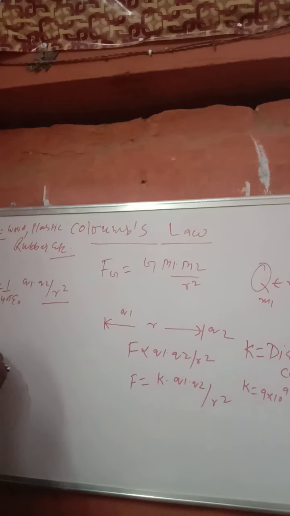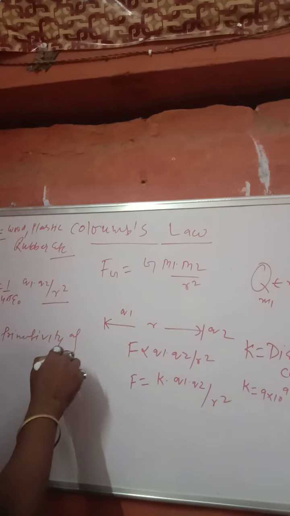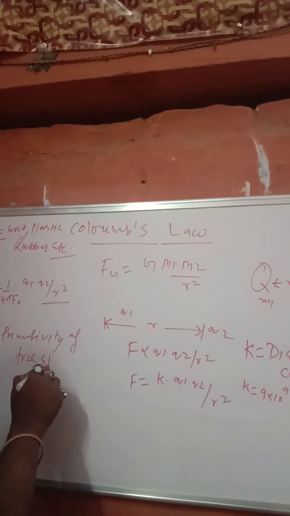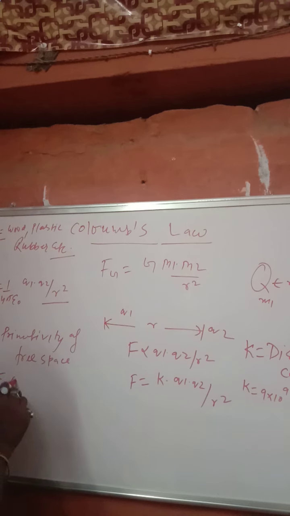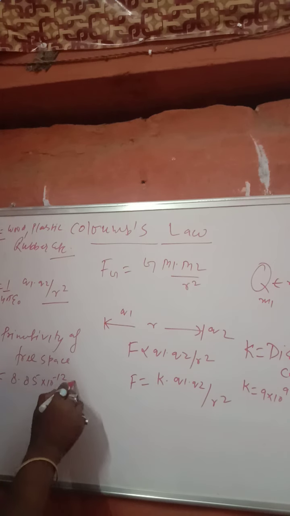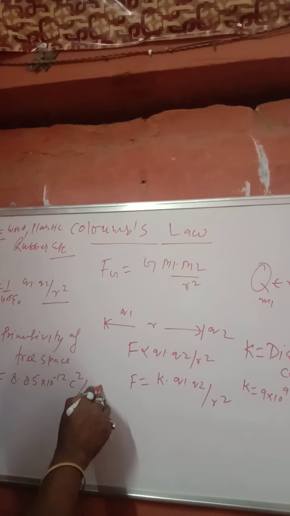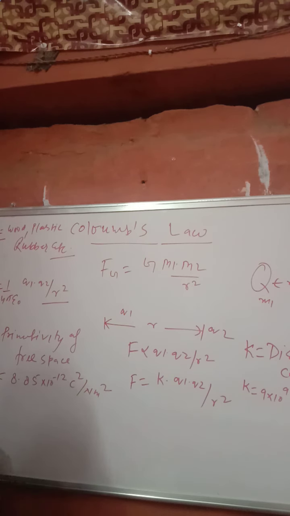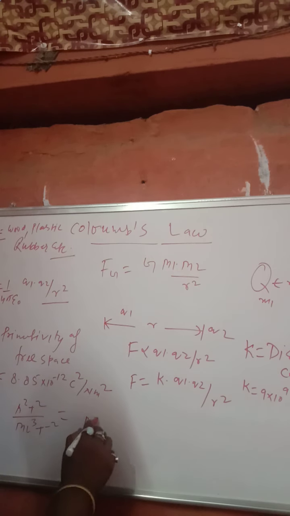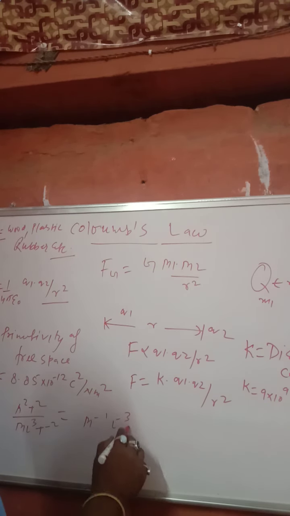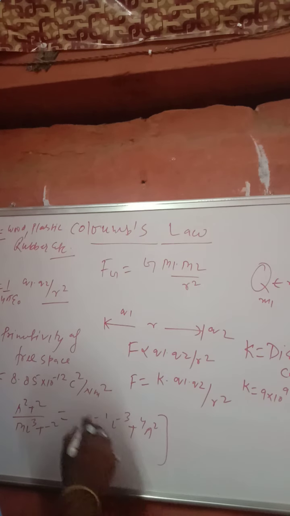Epsilon naught is known as the permittivity of free space. Its value is approximately 8.85 into 10 power minus 12 Coulomb square upon Newton meter square. The dimension of epsilon naught is A square T square upon M L cube, that is M minus 1 L minus 3 T power 4 A square.